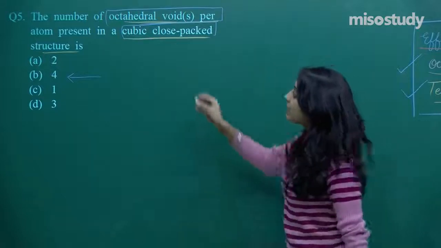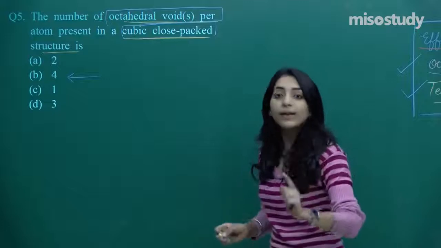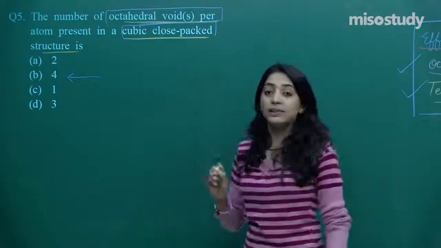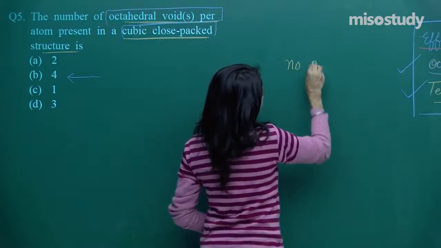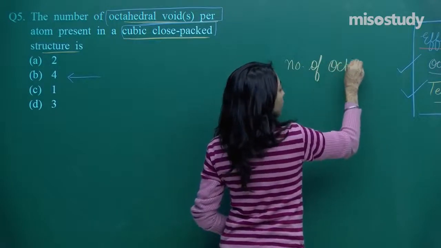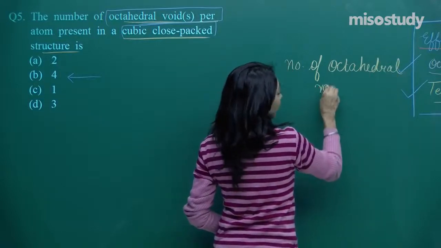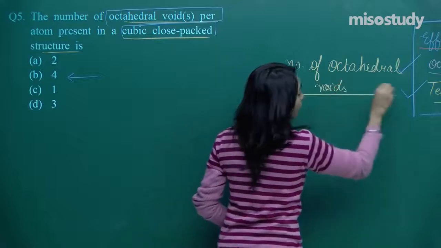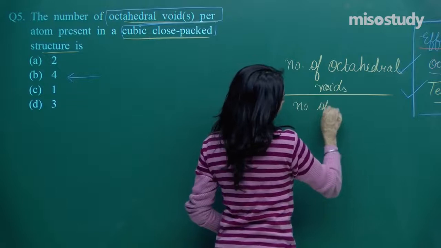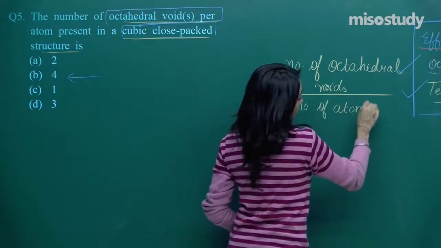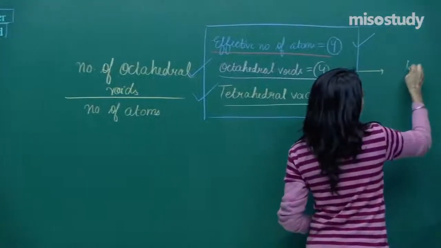The question says number of octahedral voids per atom which is present in CCP structure. That means he is asking you number of octahedral voids divided by, per atom means the total number of atoms. How many octahedral voids are there, guys? See the answer carefully. 4.